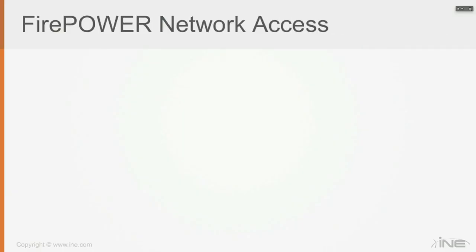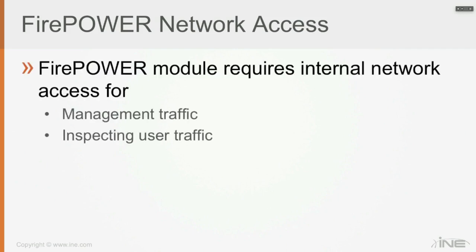So before we actually get going to install Firepower, we have to understand what kind of network connectivity it requires and what the options are to deploy it the proper way. So Firepower network access, the hardware module or the software module, requires internal network access for two reasons: for management traffic, and of course for inspecting user traffic.